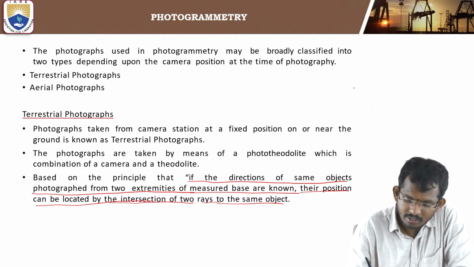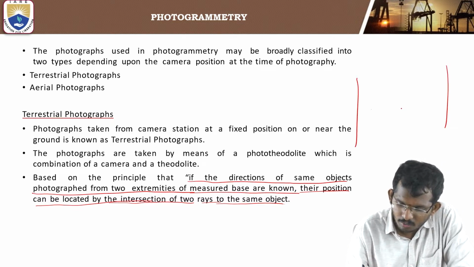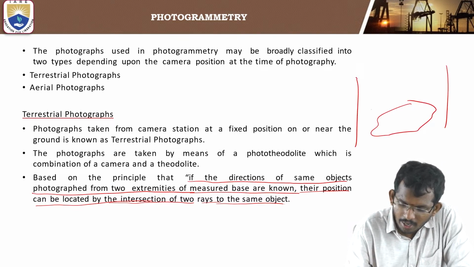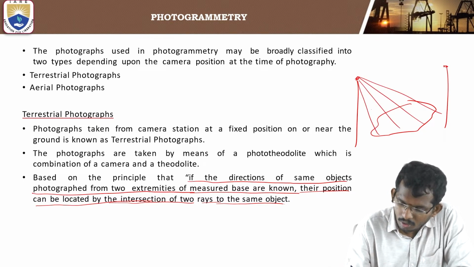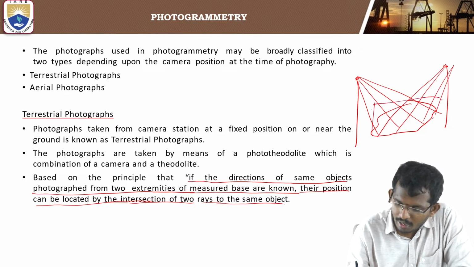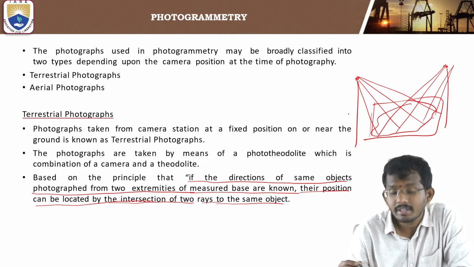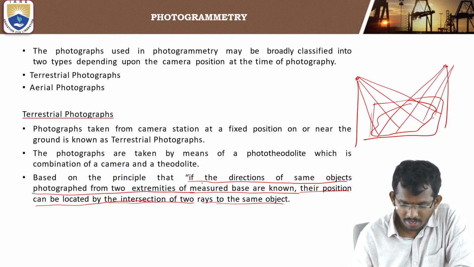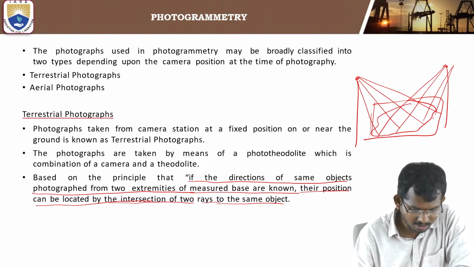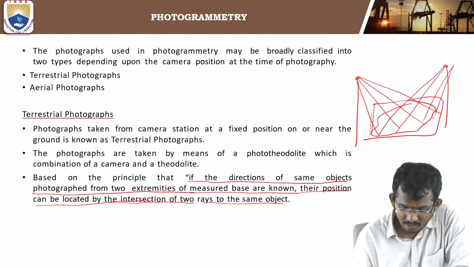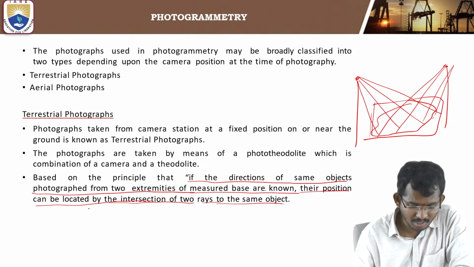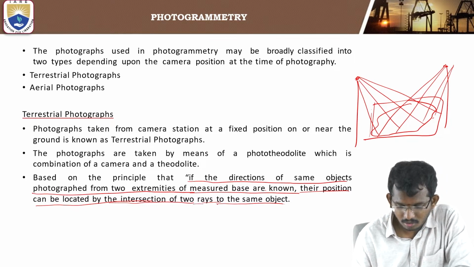So there is a drawing here. There is a building, and I know the height and position of the cameras. I have captured the left side view and here I will capture the right side view. If I overlap these two images, the left side and right side views, and the directions of the same object photographed from two extremities of a measured base are known, their position can be located by the intersection of the two rays to the same object.